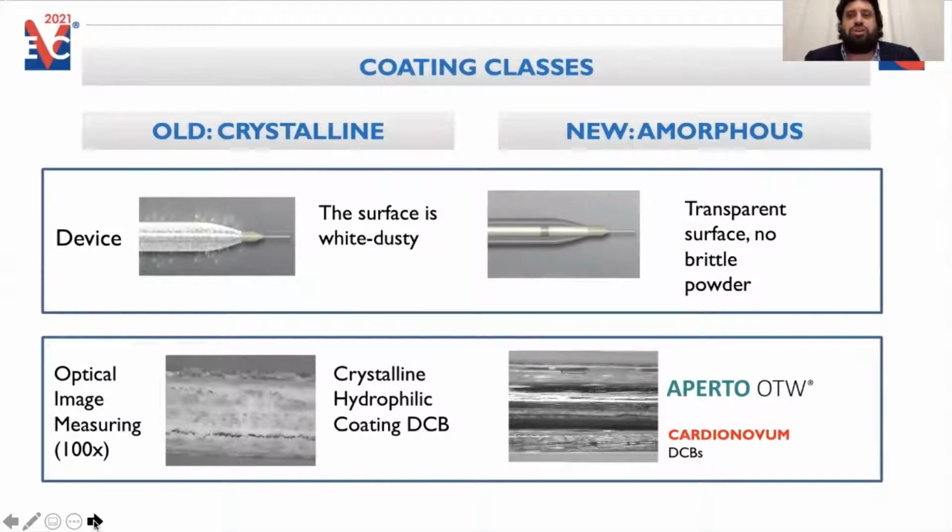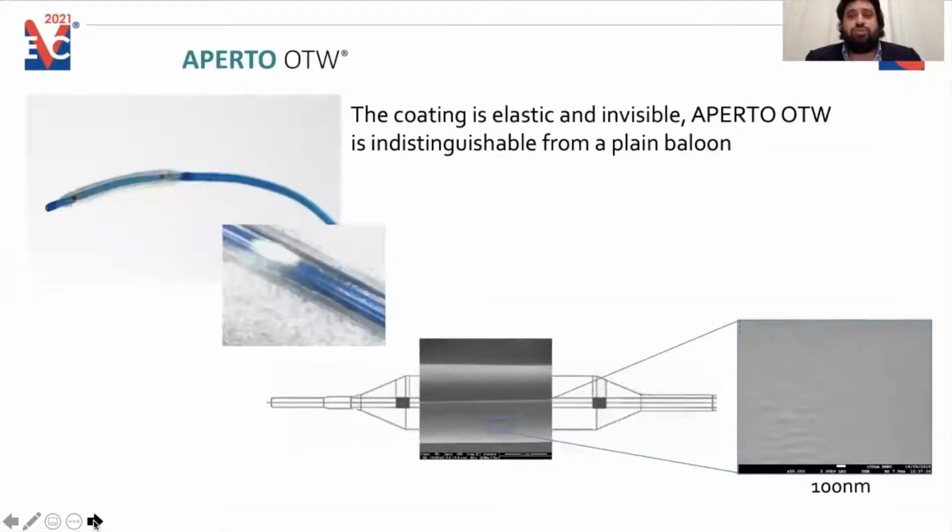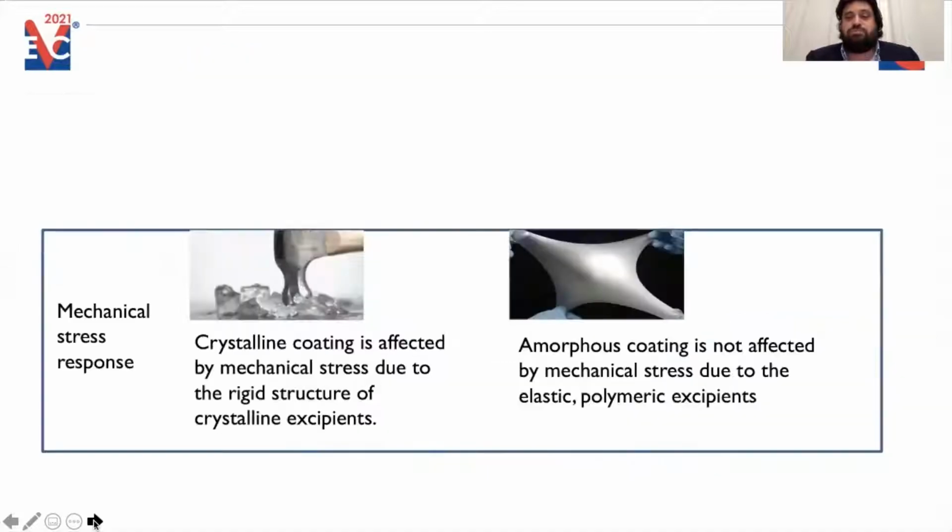This is the aspect of the new amorphous coating. In the microscopic evaluation, we see the surface is regular and amorphous. The elastic polymeric excipient reduces the mechanical stress, and this feature allows us to maximize the drug that reaches our target lesion.